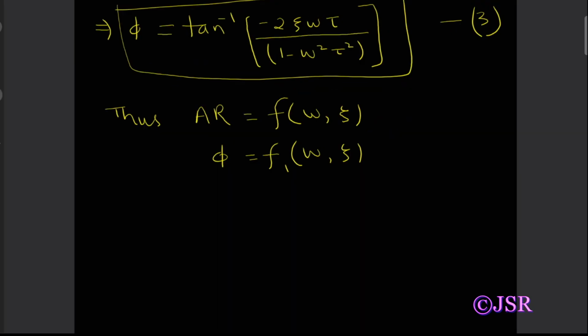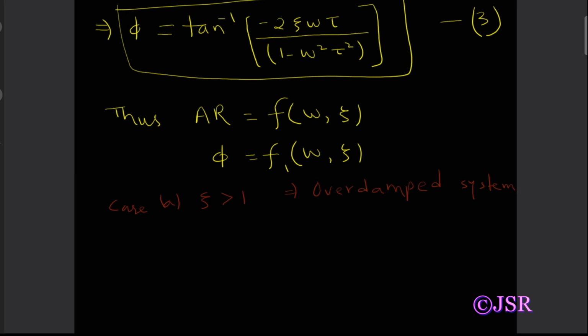Let's assume that we have case A, zeta is greater than 1. So it means we have overdamped system.